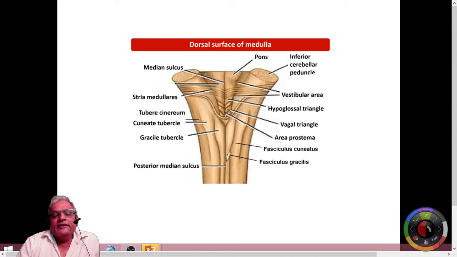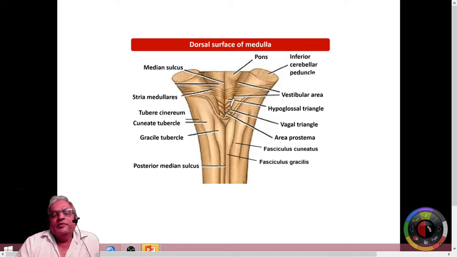It goes directly up to the nucleus gracilis or the nucleus cuneatus, and then from here it crosses over, and that crossing over is what you call the sensory decussation, or the great sensory decussation. After decussating, it becomes what you call the medial lemniscus. So this is called the dorsal column medial lemniscal pathway, right?